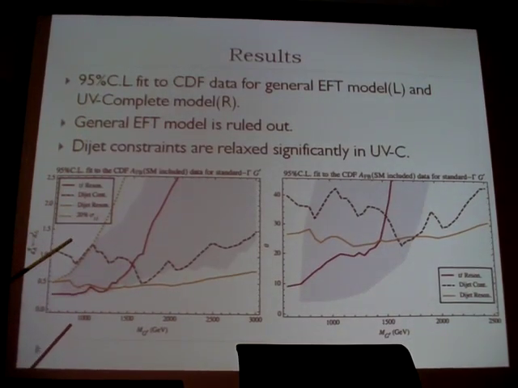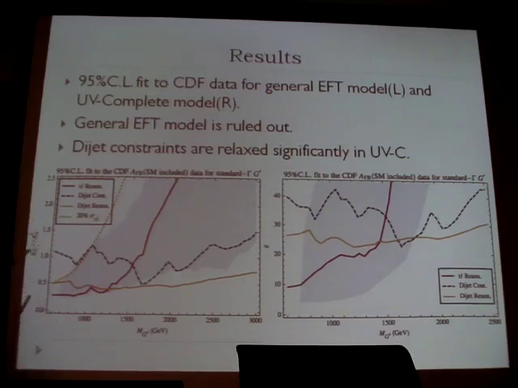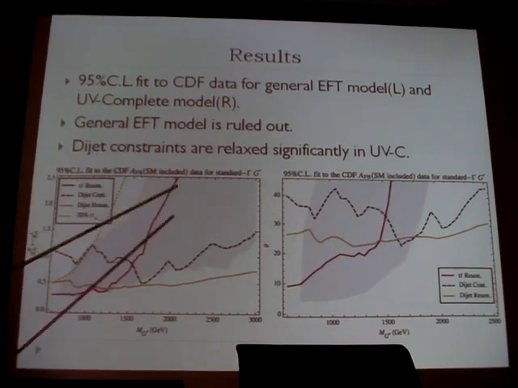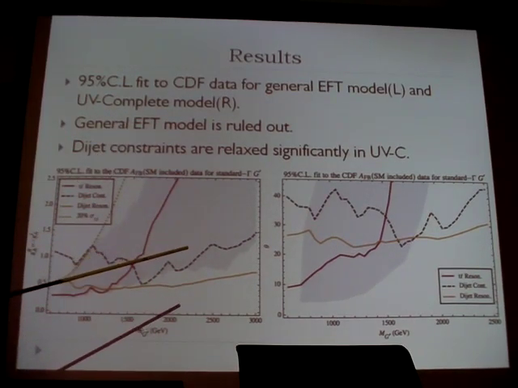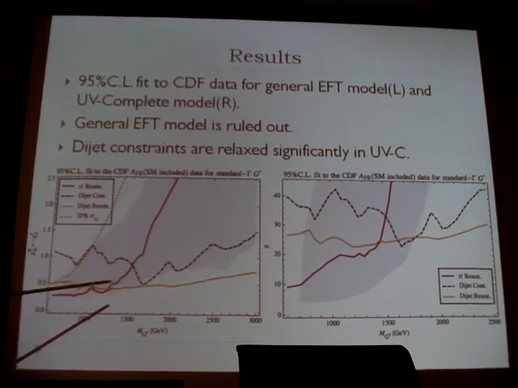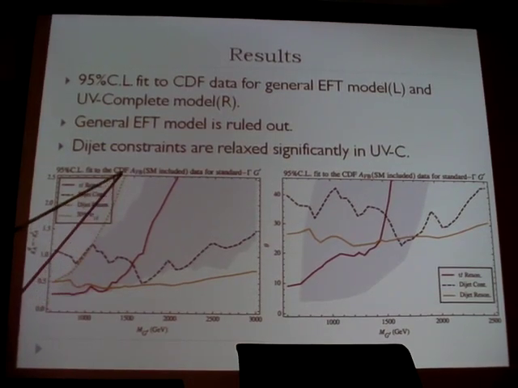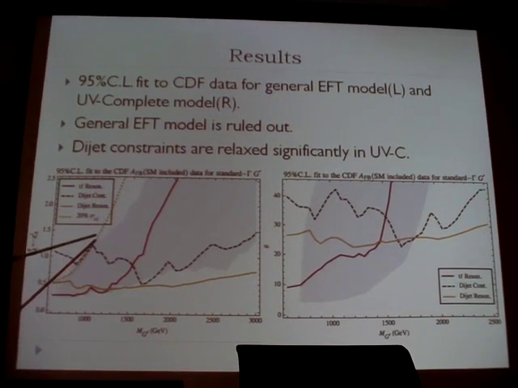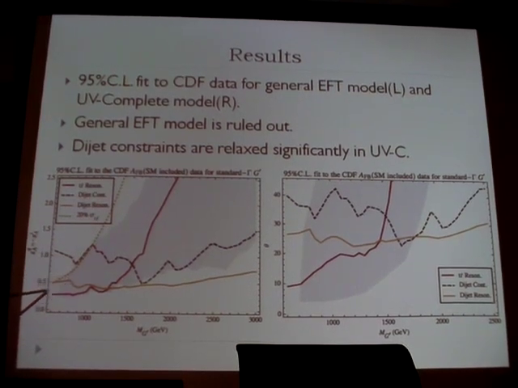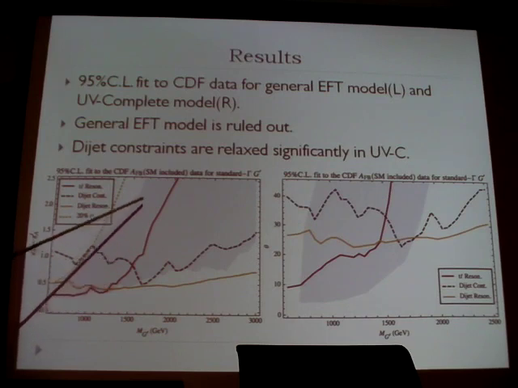Here is the result for the general effective model and the UV complete model with the build up. The blue shaded region is the fit to the CDF asymmetry data, and this yellow dashed line is the total t-tbar cross section, and this red line is the t-tbar resonance constraint.